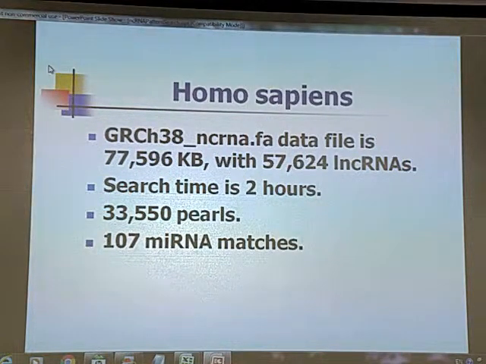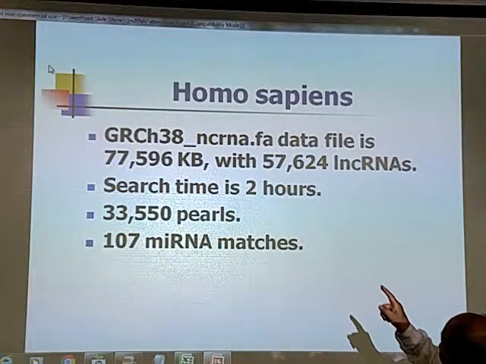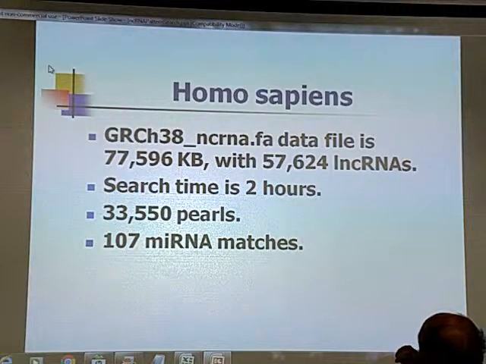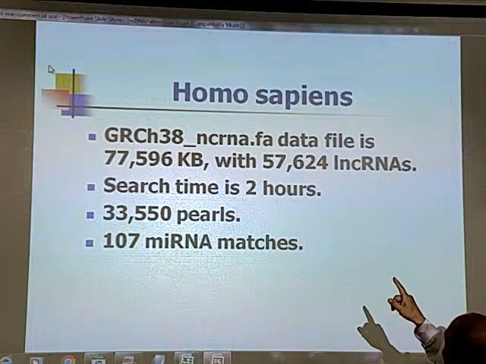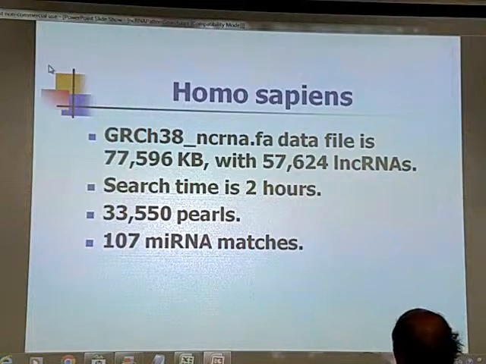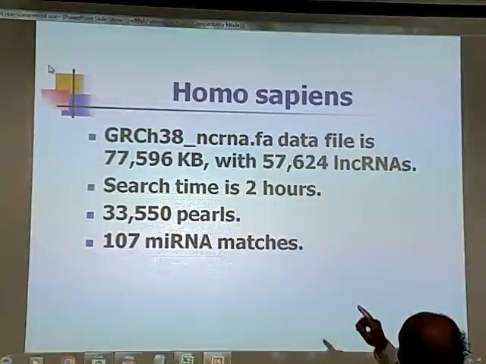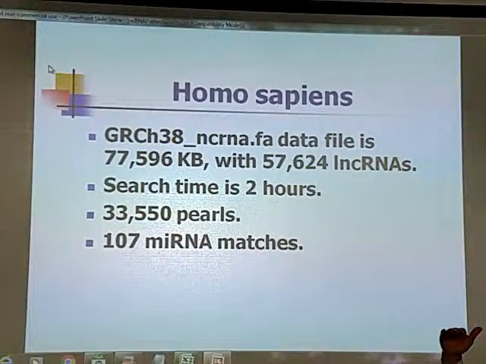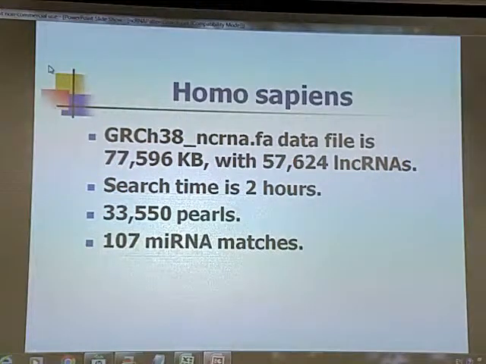Okay, so that's a nematode, and that's human. So the human non-coding RNA data file is much bigger, 77 megabytes, with 57 long non-coding RNA identified. For the search, I divided them into 4 million byte chunks, and it took about 2 hours to finish.